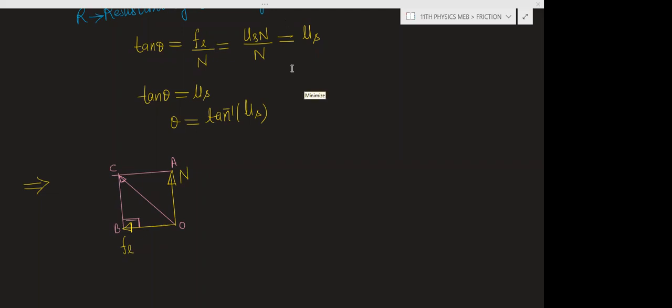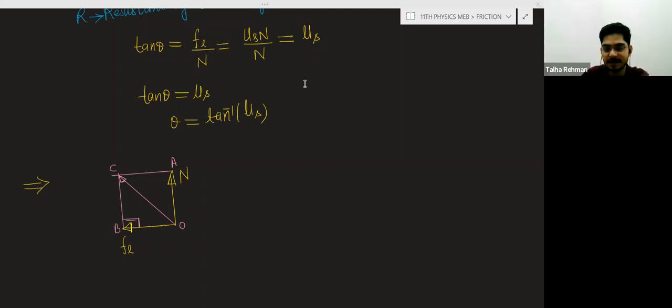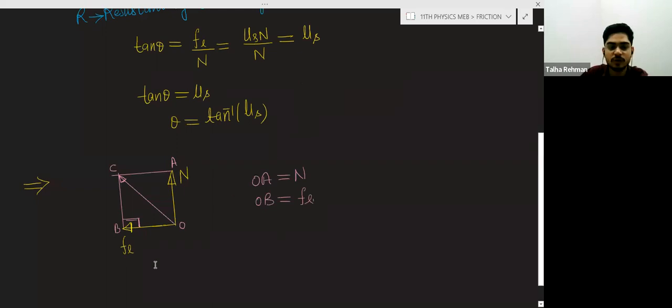Magnitude of normal reaction. Yes, that is N. Basically your OA is equal to the magnitude of the normal reaction. What is OB? OB is equal to FL, the magnitude of the limiting friction force.